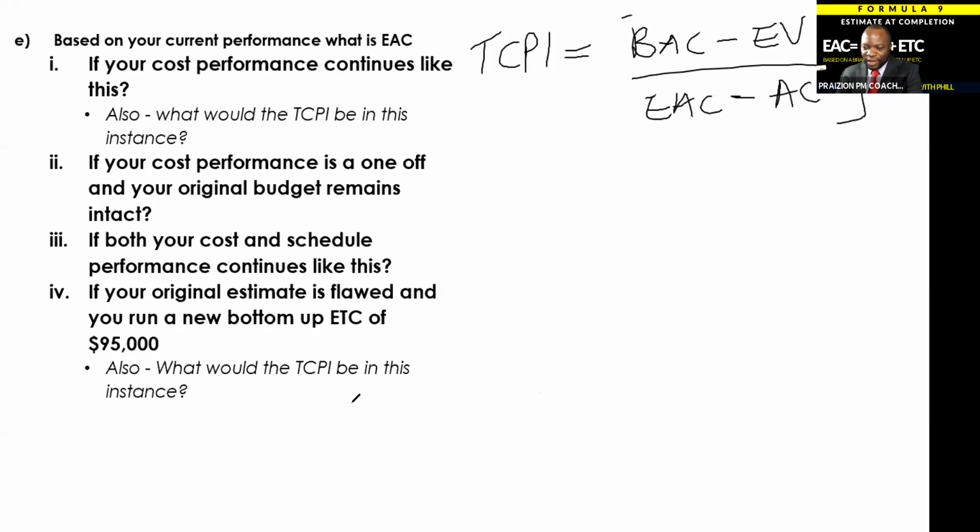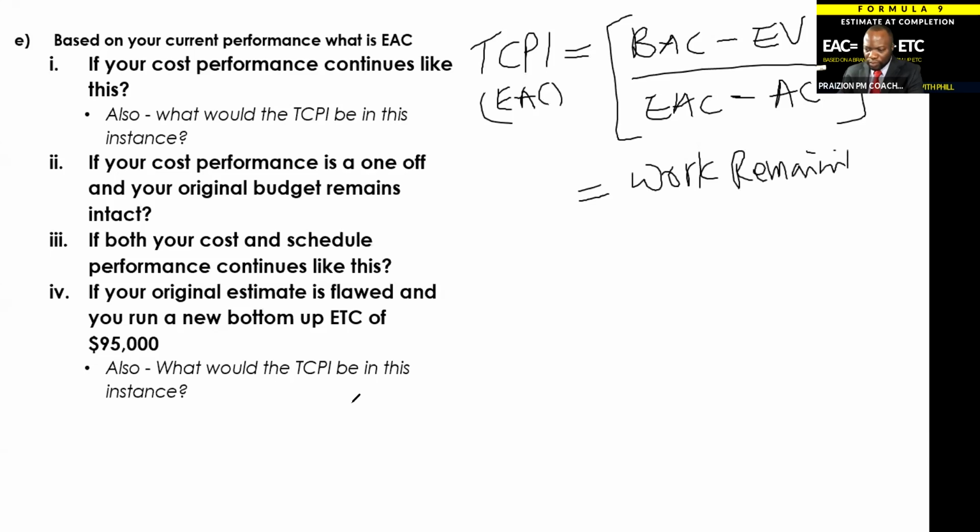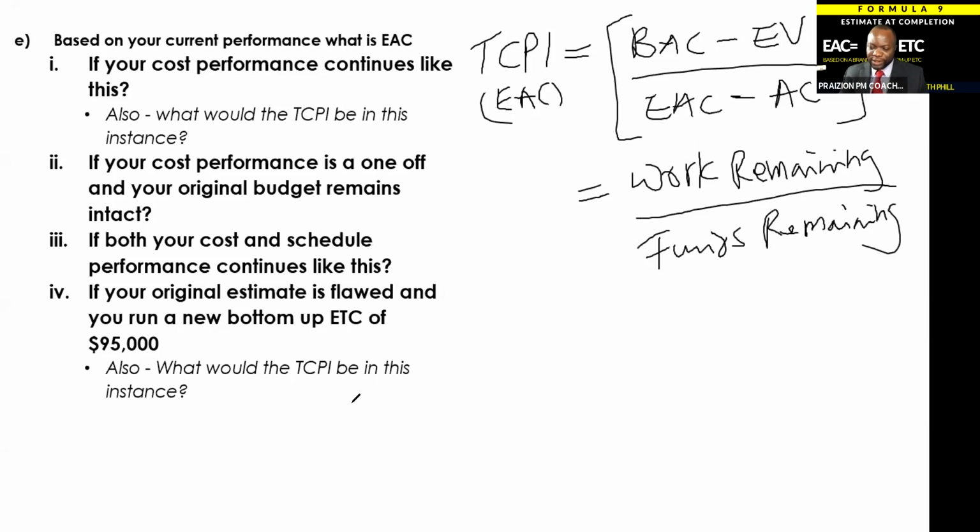All right. Now you can think of this formula as TCPI based on the EAC. In other words, work remaining divided by the funds remaining. Always remember that's what you're doing. That's the summary.